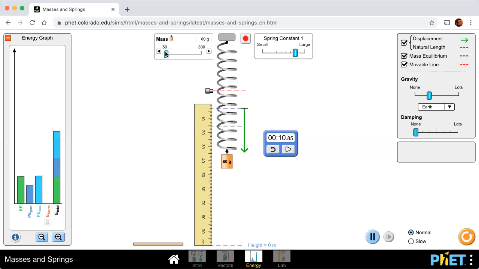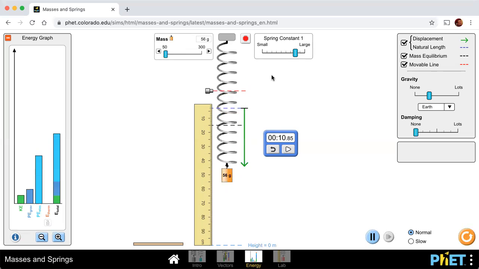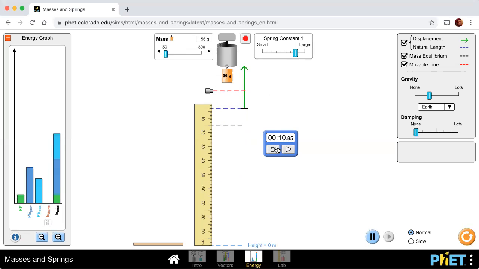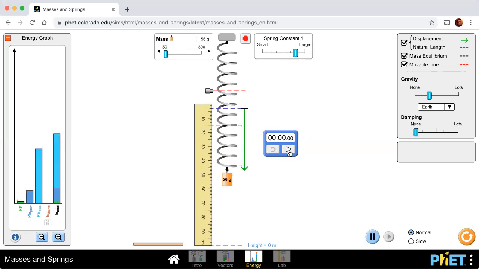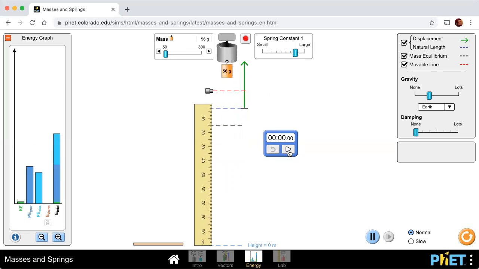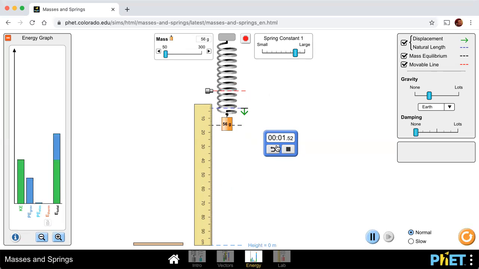This might be a comedy of errors. Okay, and let's see if we can count this. When that arrow is all the way at the top, start. One, no, that's too fast. That's probably too fast.